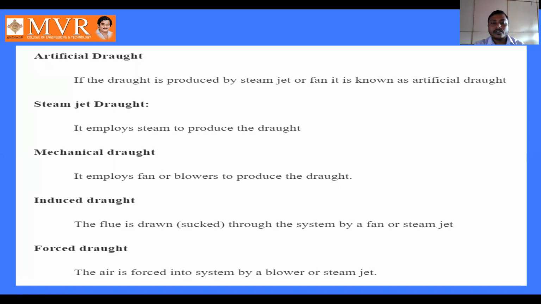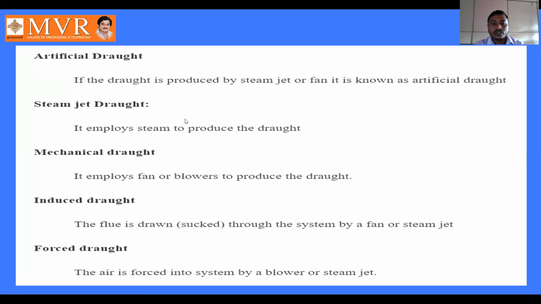In induced draft, the fluid is drawn through the system by a fan or steam jet. Means sucking by using a fan or a steam jet is nothing but an induced draft.